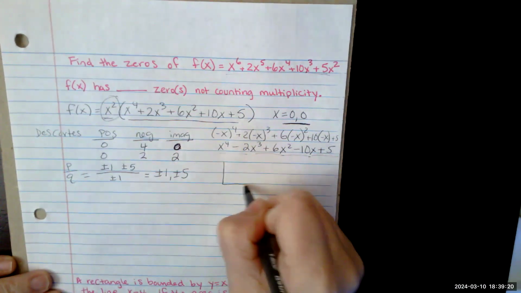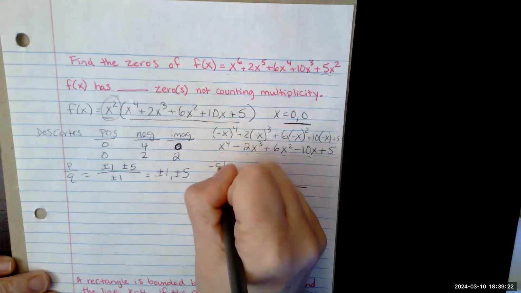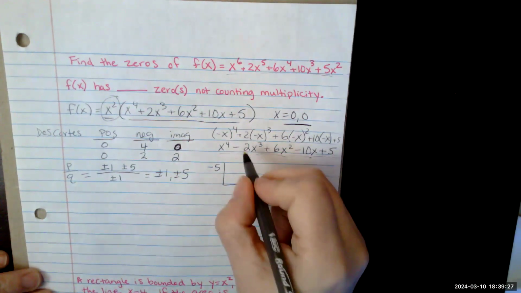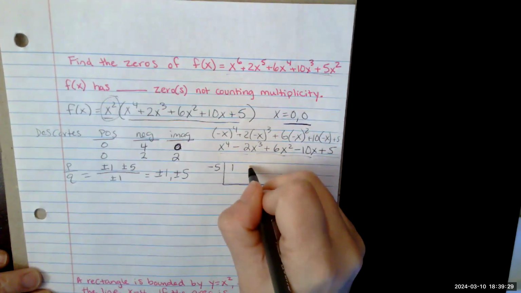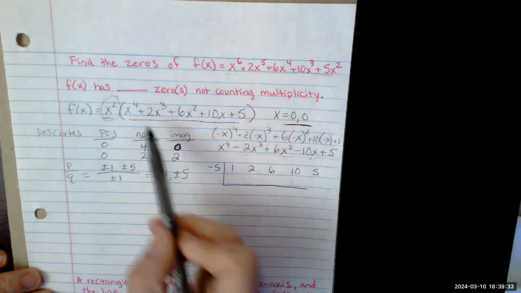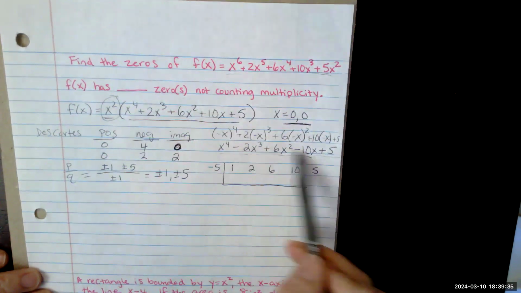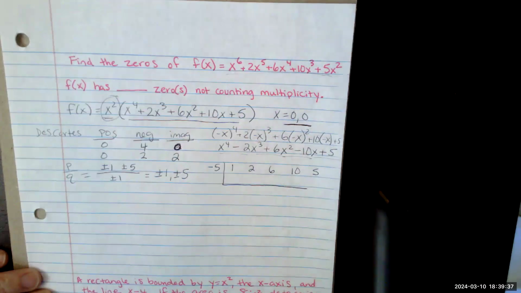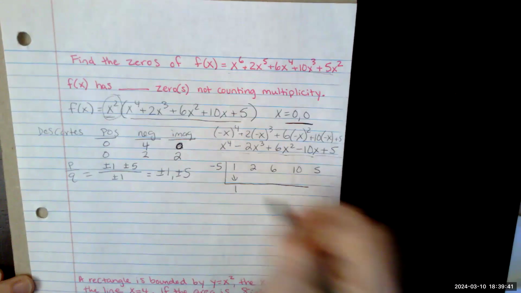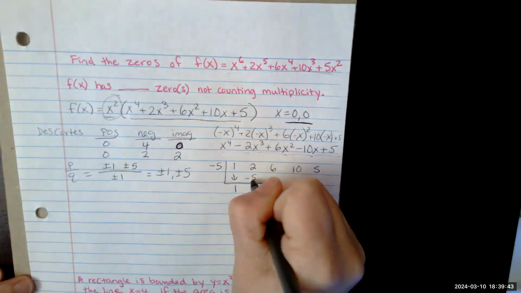So I'm going to try -5. If that doesn't work, then I know it's going to be -1. But I'm going to try -5 first. My numbers are 1, 2, 6, 10, and 5. Make sure you go back to here. Don't use what happened when we plugged in the -x, because that was not our real equation, right? So bring down the 1, multiply, and add.